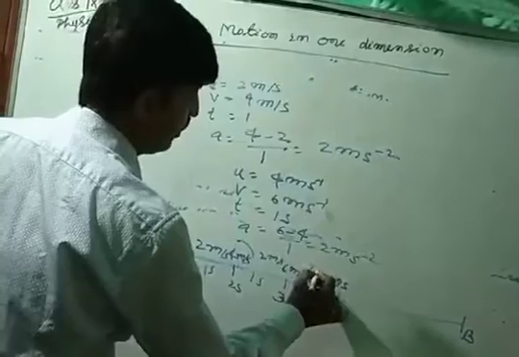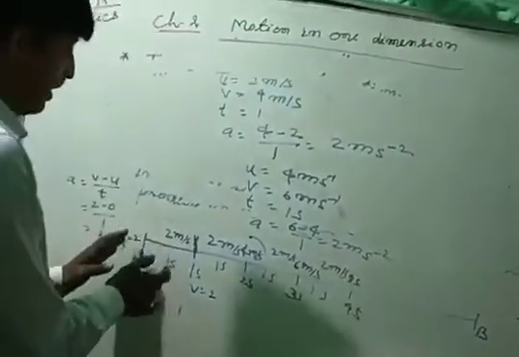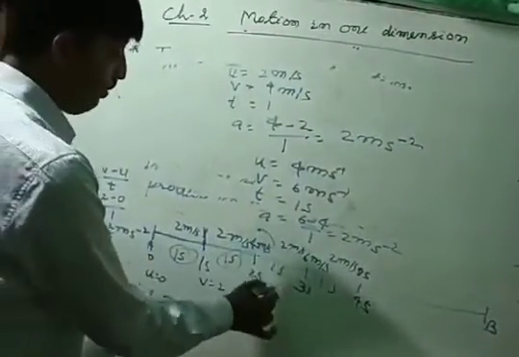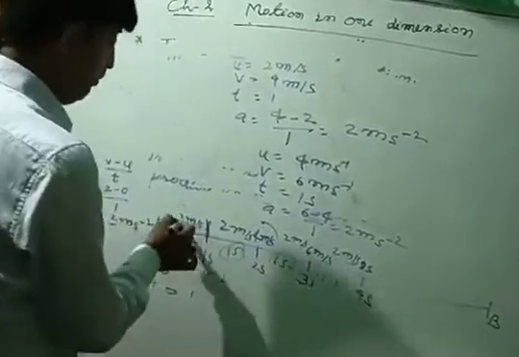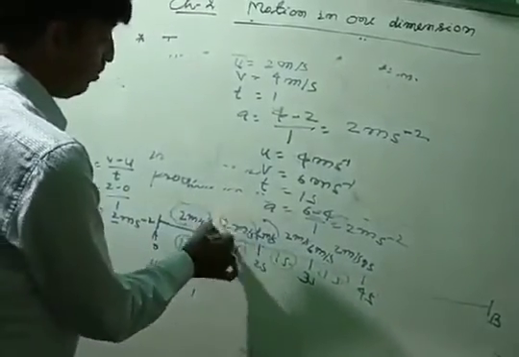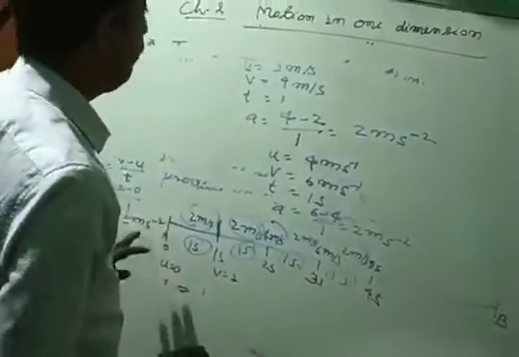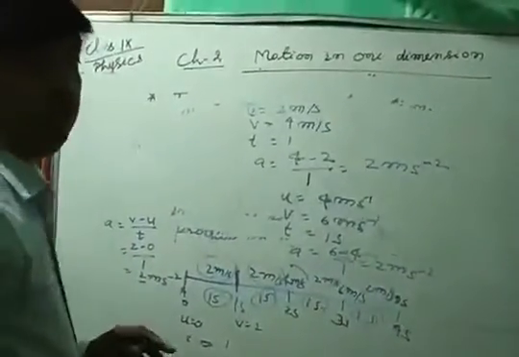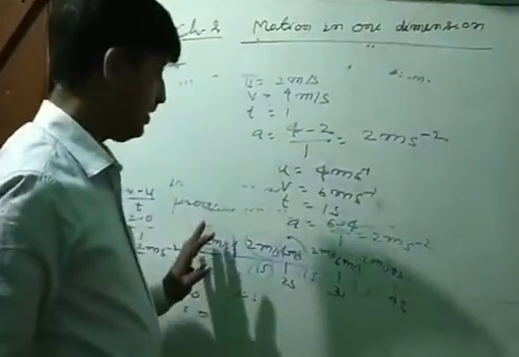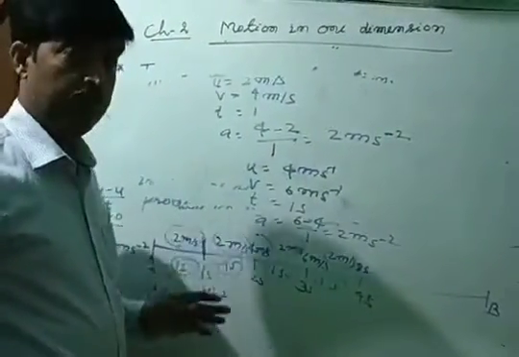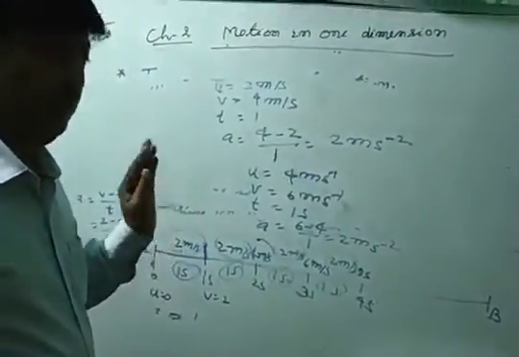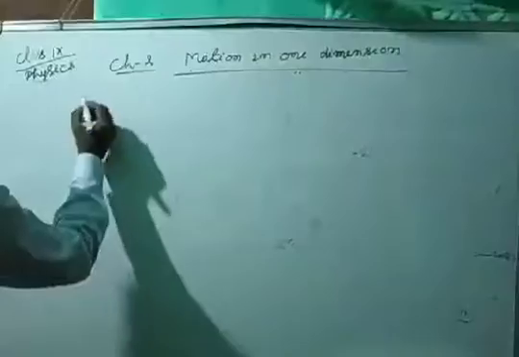So at every equal interval of time, 1 second, the change in velocity is equal, that is 2 meter per second. So it is called uniform acceleration. In the case of uniform acceleration, the change in velocity is equal in equal intervals of time.